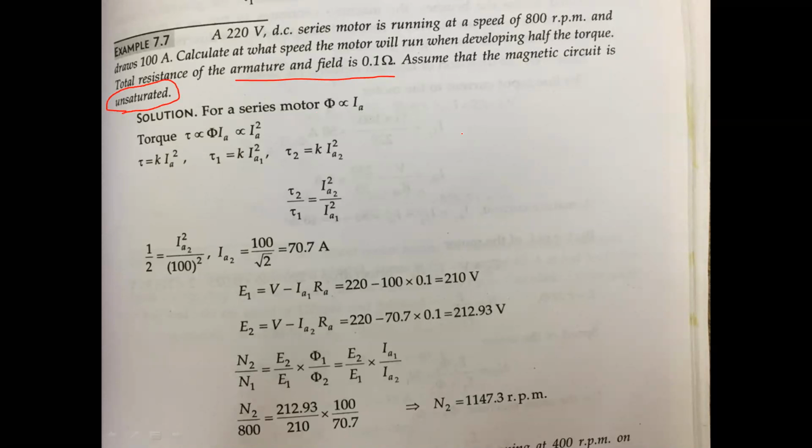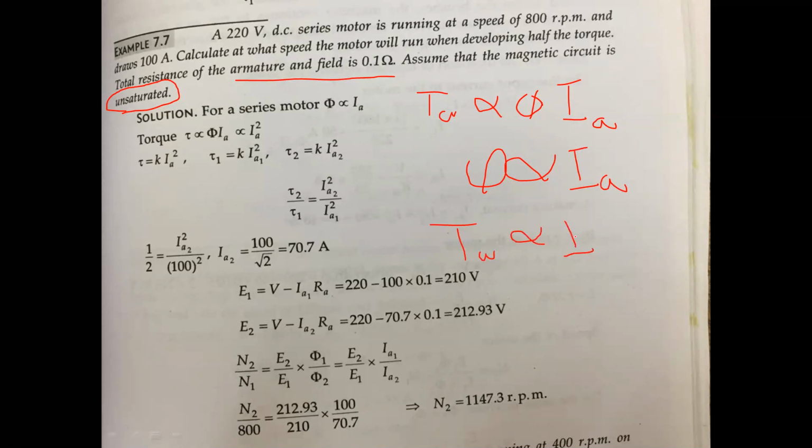Unsaturated case. We know that torque is proportional to flux and armature current. Unsaturated means flux is proportional to armature current. Therefore, torque is proportional to Ia square. If the magnetic circuit is unsaturated, torque is proportional to Ia square.